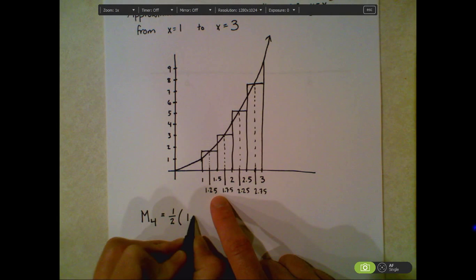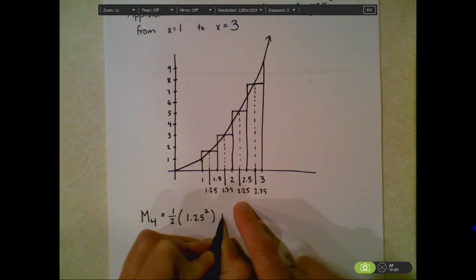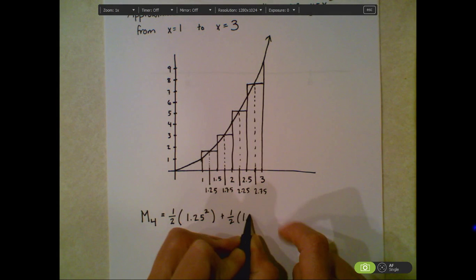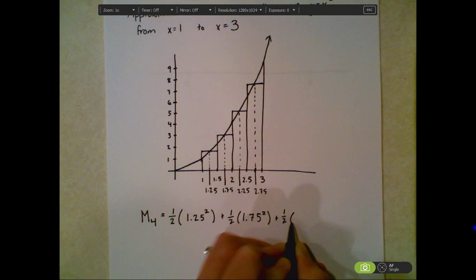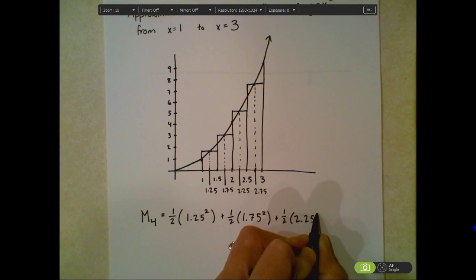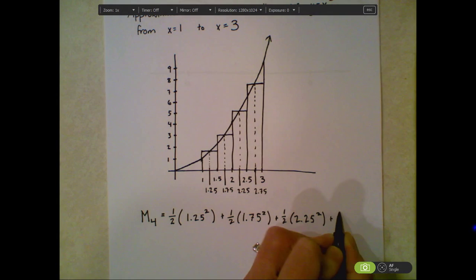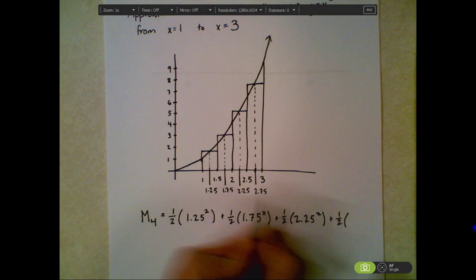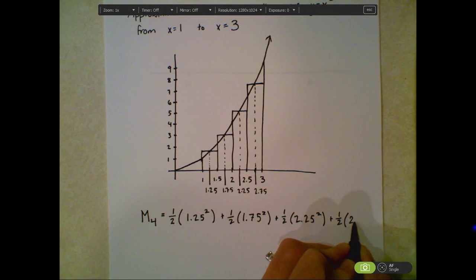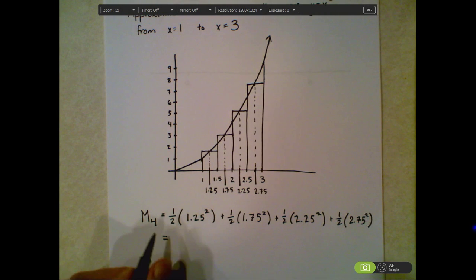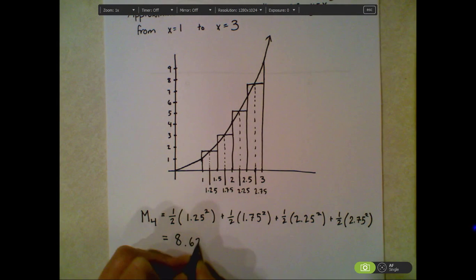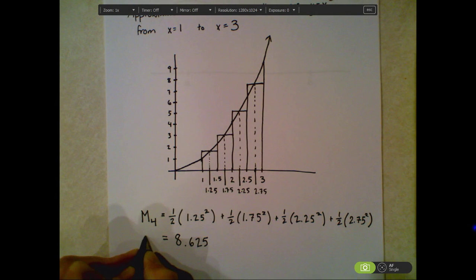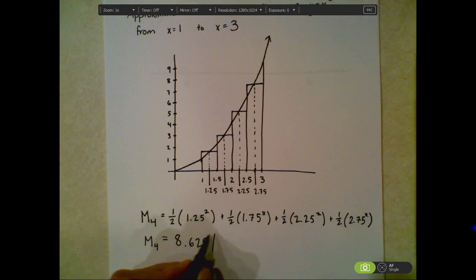So 1.25 squared plus 1/2 of 1.75 squared plus 1/2 of 2.25 squared plus 1/2 of 2.75 squared. And when I compute all of that out, I end up with a value of 8.625. That's my midpoint summation.